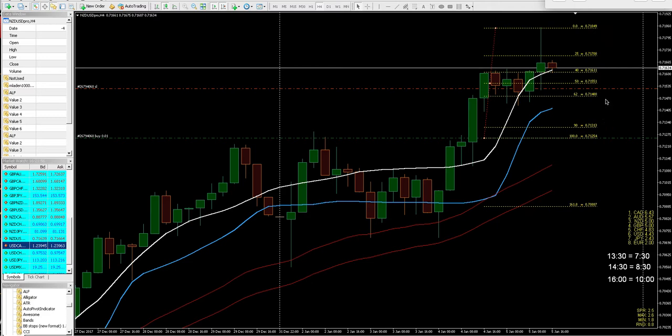So instead of making the full, let's say, 30 pips on a trade that pulled back to here, I would now only make half of 30 plus another 5 or 10 down here. And you add that up, and that only averages out to, say, 20 instead of 30, so I'm losing money.